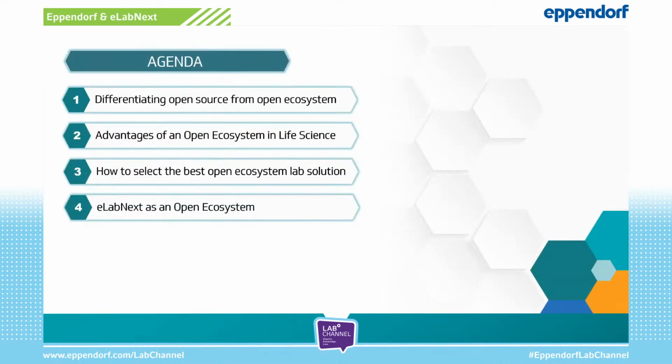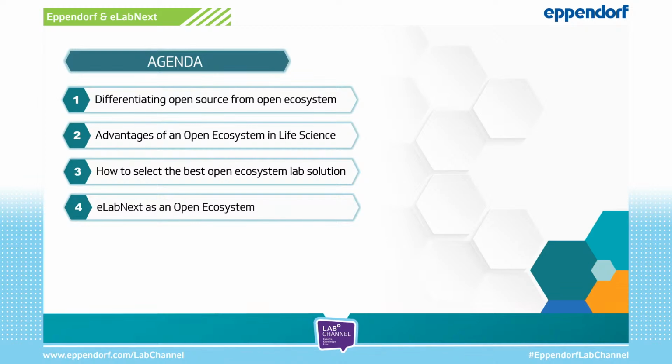So the agenda for today: we're going to start by learning the difference between open source and an open ecosystem. Then we'll discuss shortly the advantages of an open ecosystem in life science and how this reflects in your research, which advantages you can find in the lab and in your daily work.